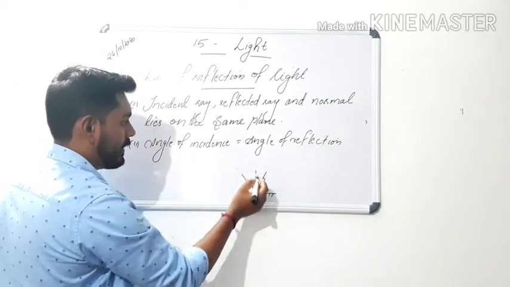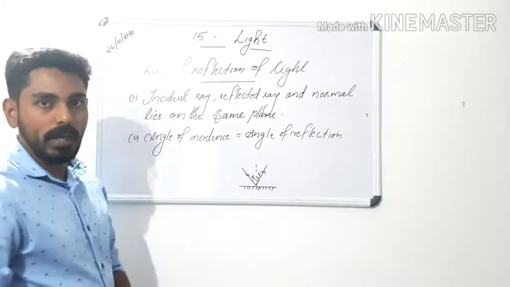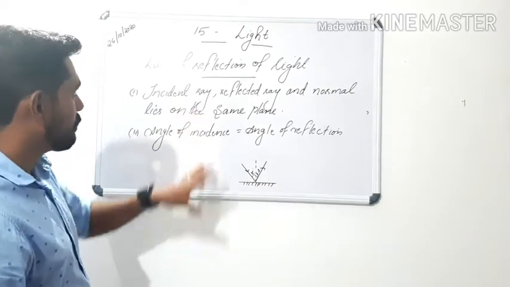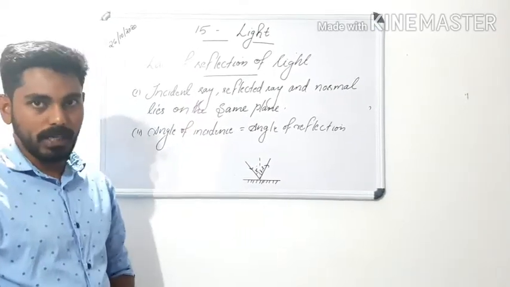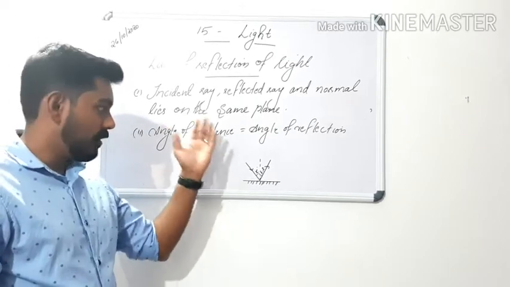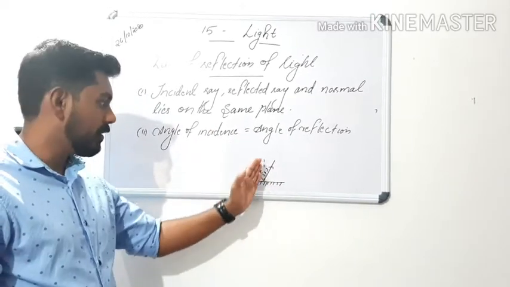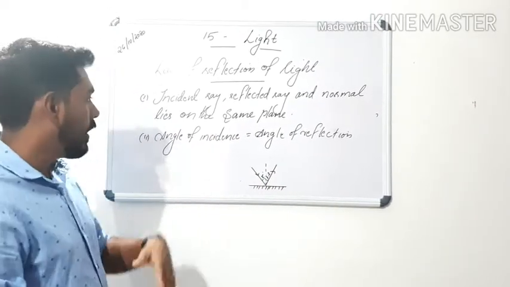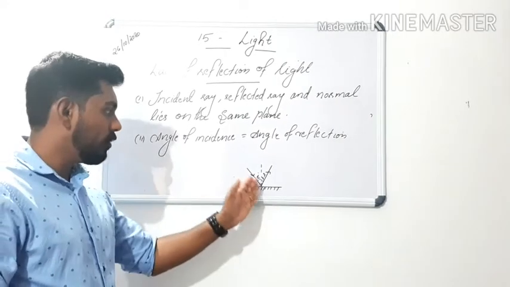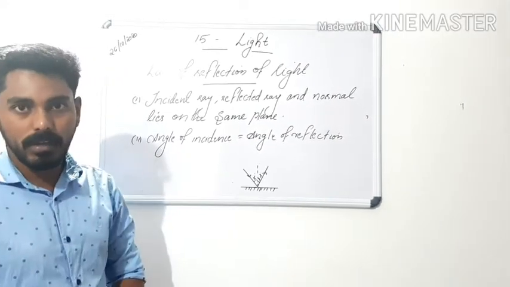Both angles are equal. So these are the laws of reflection of light. The first law says that the incident ray, reflected ray and normal lie in the same plane, and the second law says that the angle of incidence is equal to the angle of reflection.